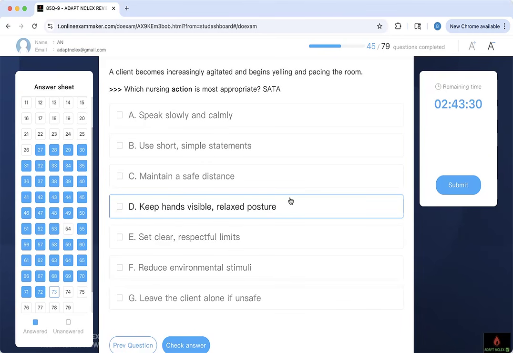Violence is something the NCLEX likes to ask you. That's what I'm asking you. What would you do in this situation, where the patient is agitated, yelling, and pacing? Select or apply. Don't over-select. You want me to give you the clue? Watch the video, pick your answer, and I'll give you your clue.